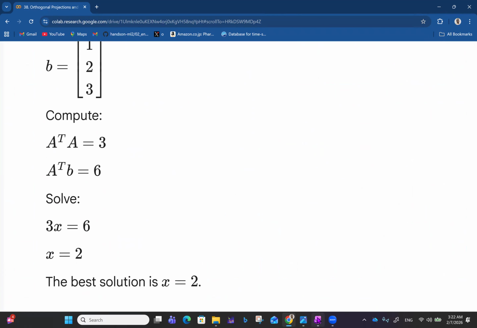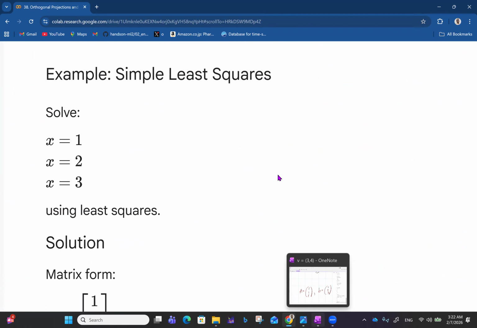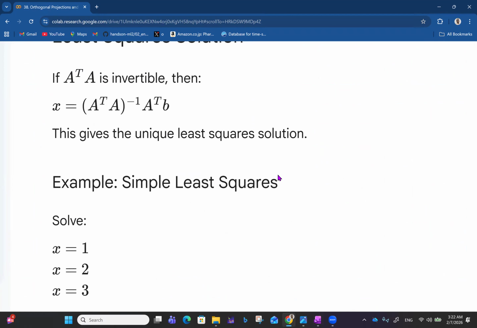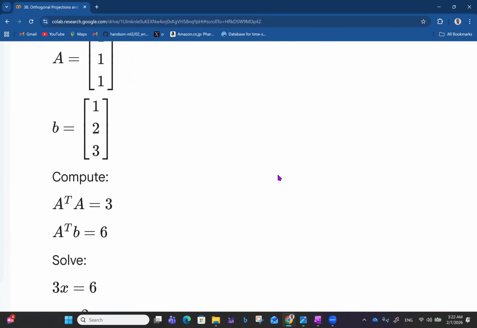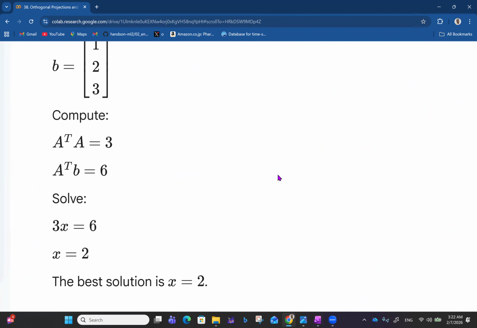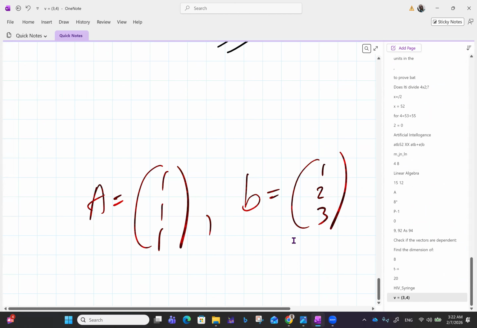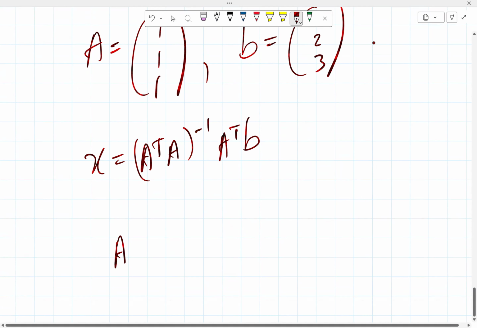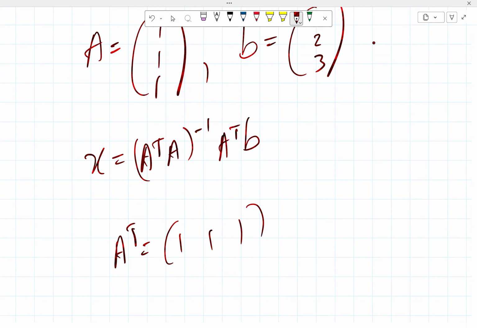But let me do it my own way here. I think the fundamental thing is just to remember that X is A transpose A inverse times A transpose B, right? So we know A is 1, 1, 1, so A transpose is going to be 1, 1, 1 like this.